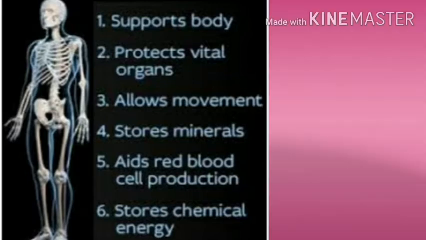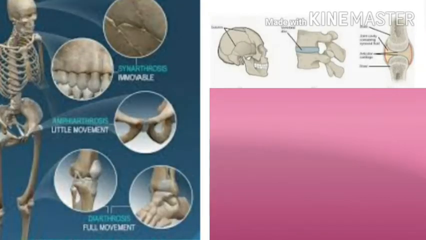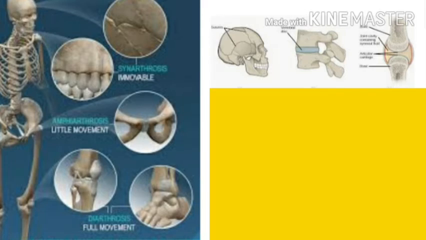Bones provide surface for attachment of muscles. For the attachment of any muscles, bones provide what? Surface. Movement: bones form various types of joints which take part in body movements including locomotion.